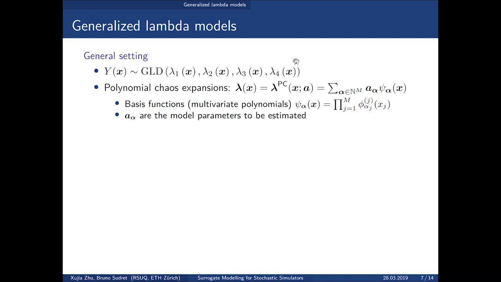As a result, lambda 1 to lambda 4 are actually deterministic functions of the input variables. We proposed using polynomial chaos expansions to represent these 4 functions. The functions psi are multivariate basis functions. They are defined as the product of univariate basis functions which are constructed mutually orthogonal with respect to the marginal distribution of each component of the input parameters. The coefficients A are the model parameters to be estimated from the data.